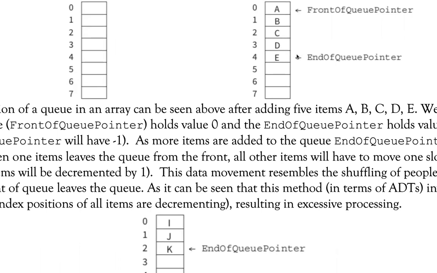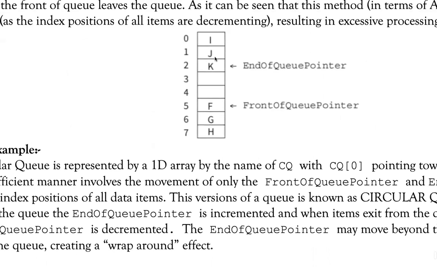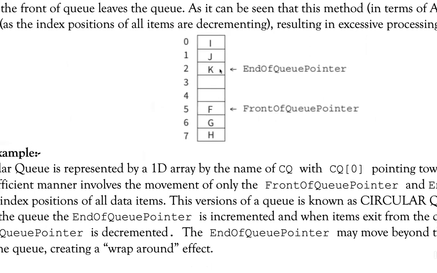And see, after F was added, since after adding an element the end of queue pointer moves, after adding F, my end of queue pointer shifted here, right about the same line as front of queue pointer. After adding G, end of queue pointer moved. End of queue pointer moved for H, I, J, K, and end of queue pointer should be right about over here. Front of queue pointer is here, and end of queue pointer is right here. And this is the circular queue.